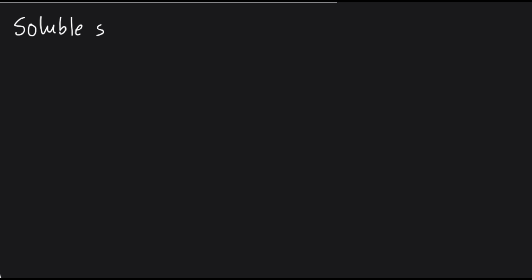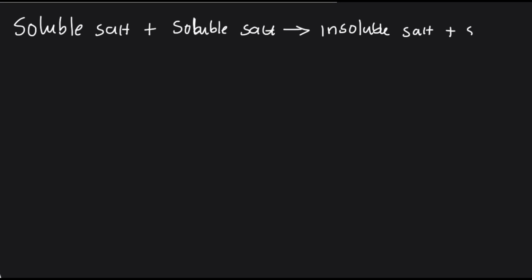So a soluble salt plus another soluble salt will give us the insoluble salt, the one that we want, plus a soluble salt. This is the equation formula that I want you to have in mind whenever you are dealing with the preparation of an insoluble salt.